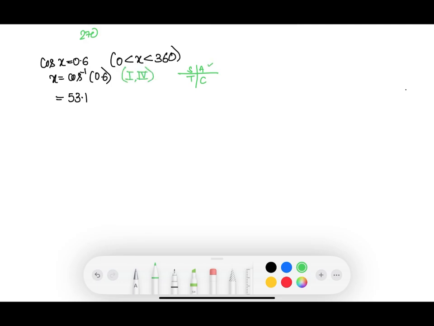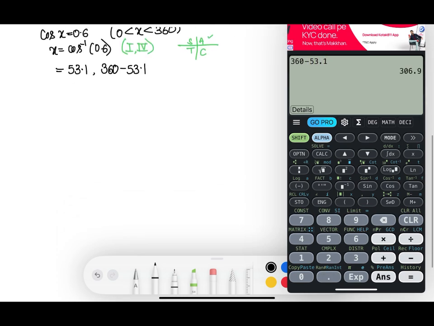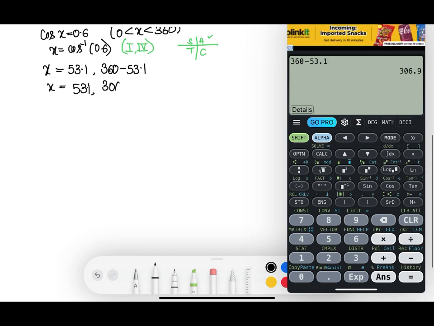So the next value will be 360 minus 53.1, which is 306.9. So in this case, x will be 53.1 and 306.9. I hope that's clear too.